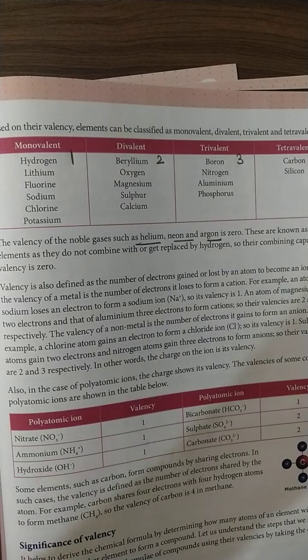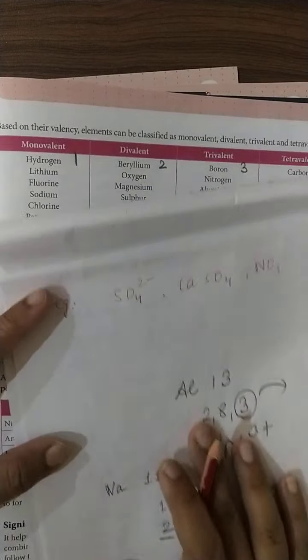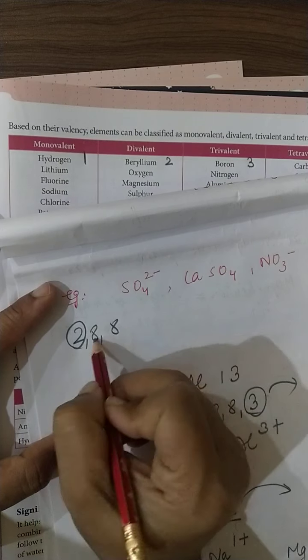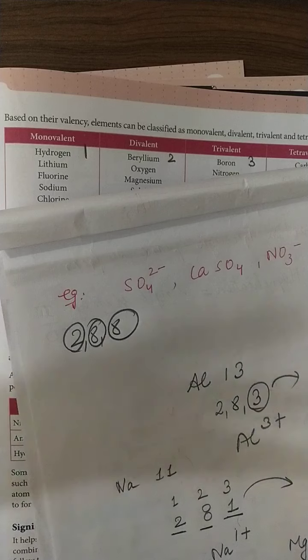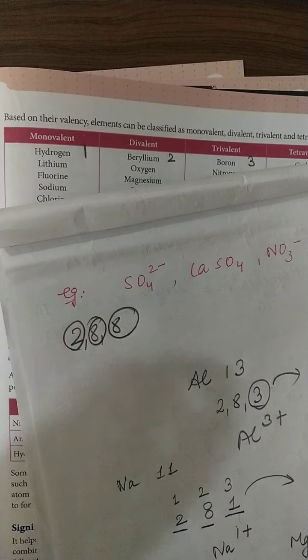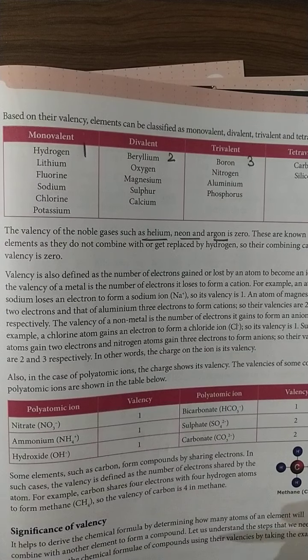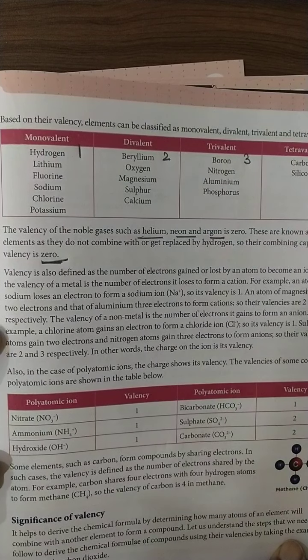Because they have full electrons in their shells. So they neither give nor take from anyone. For example, 2, 8, 8, this shell is complete, this shell is complete. So why would they take or donate electrons? Because their octet is complete, so they don't participate in the chemical reaction, so that is why their valency is 0.